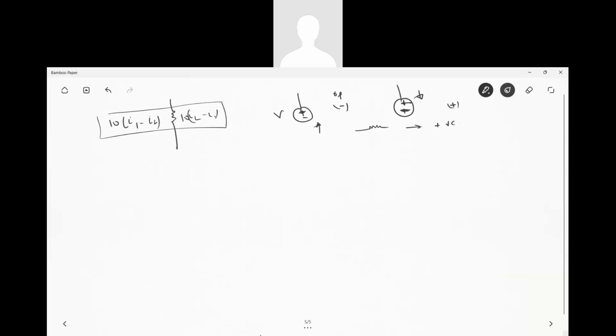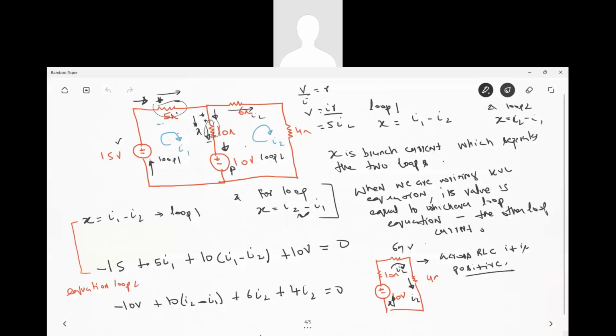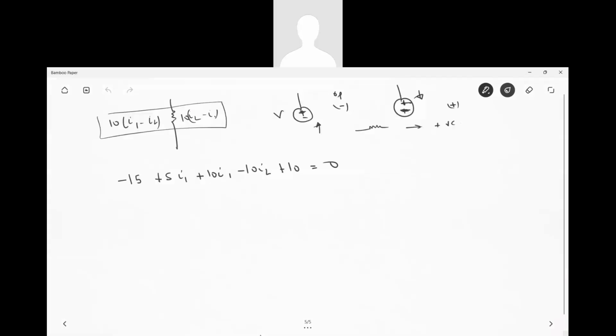Now you got these equations, you can solve them. Minus 15 plus 5 I1 plus 10 I1 minus 10 I2 plus 10 equal to 0, right? This was my first equation. KVL equation: minus 15, 5 I1 plus 10 into I1 minus I2 plus 10 volts is equal to 0, same equation.